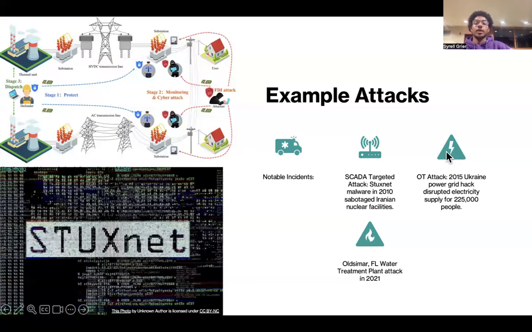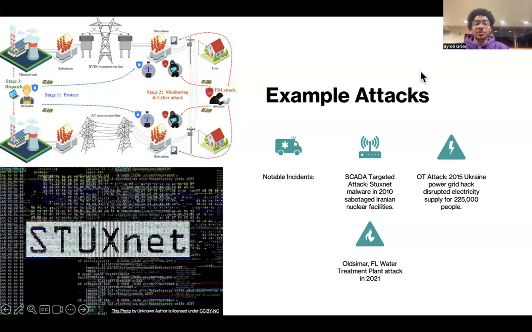And then you've got the 2015 Ukraine power grid hack, which disrupted electricity supply for 225,000 people. And this was presumably conducted by Russian nation state actors.